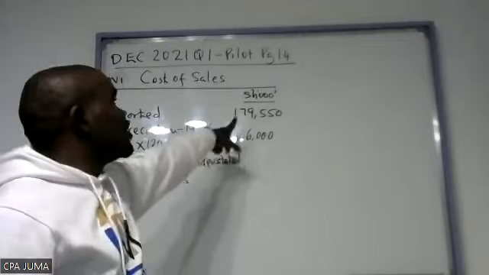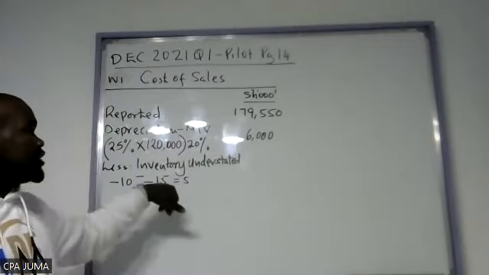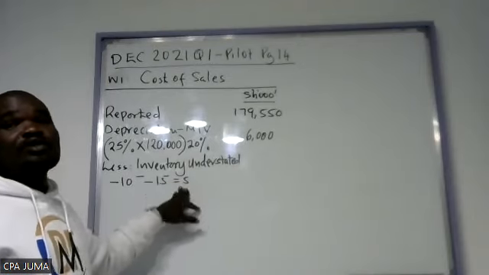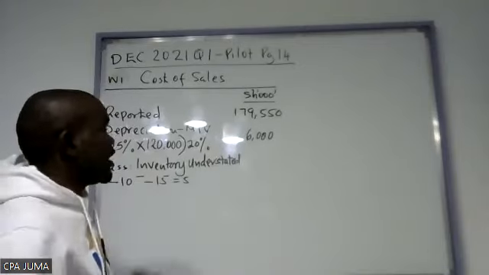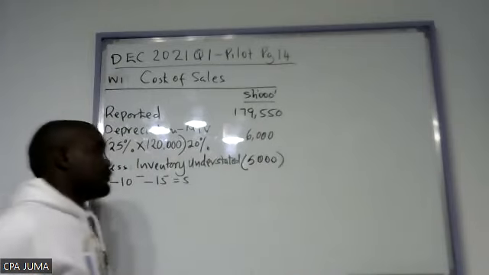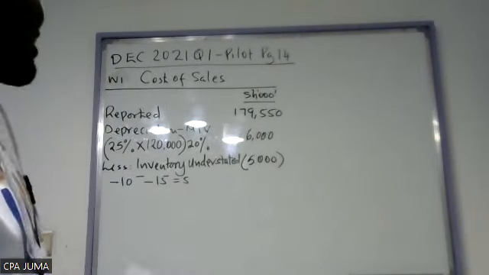So you will use it to reduce the cost of sales. If you understate this and you understate this one also, then the net effect will be a positive figure. So positive means the cost of sales was overstated by 5. So you subtract that 5. That one is quite shaky, but I hope you understand.